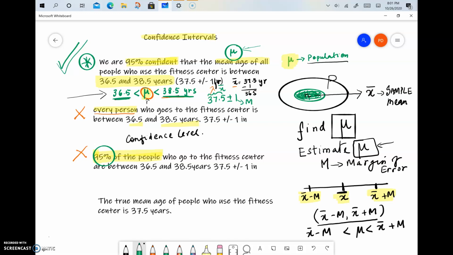Now, in the last video, we saw two incorrect interpretations of the conclusion. These are all wrong interpretations, so we have to read the sentence carefully and interpret it correctly. Let's look at this third statement, and before I even start, I'm going to tell you that it's a wrong statement.